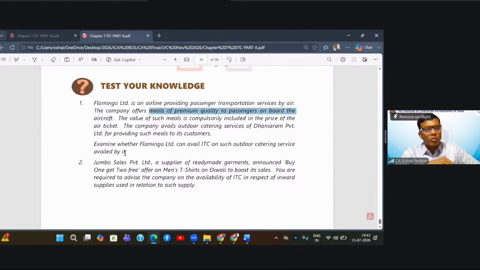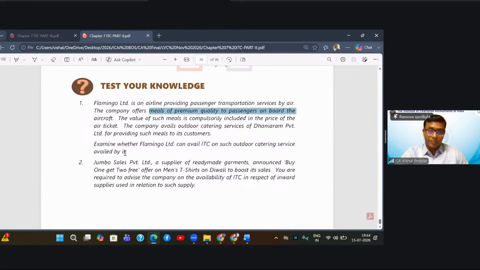So I have availed some outdoor caterer service who has provided me the meals. I have purchased the meals from that person, which now I am going to provide to my passengers. 17(5)(b) blocks this credit.